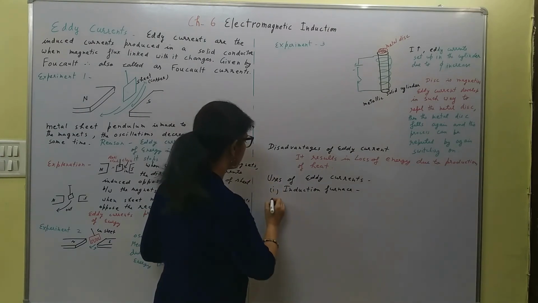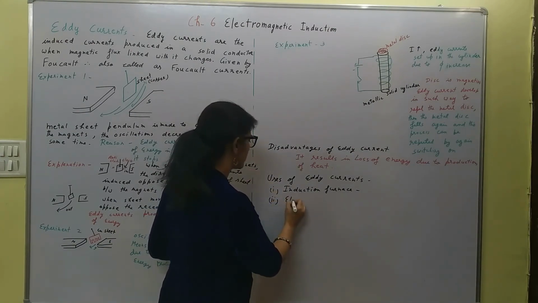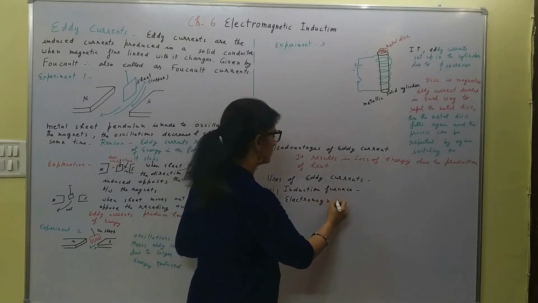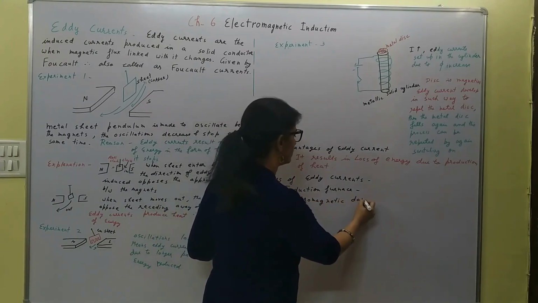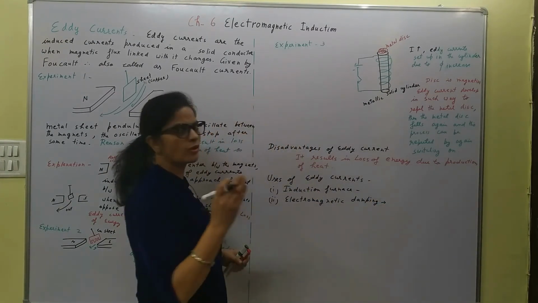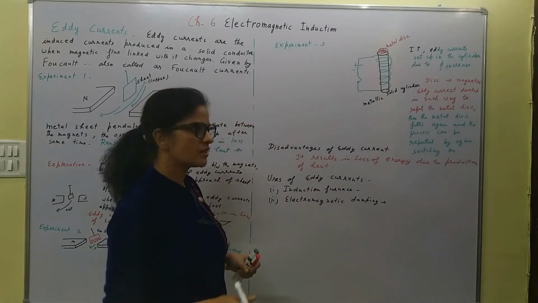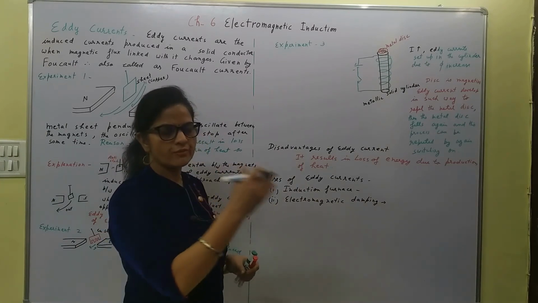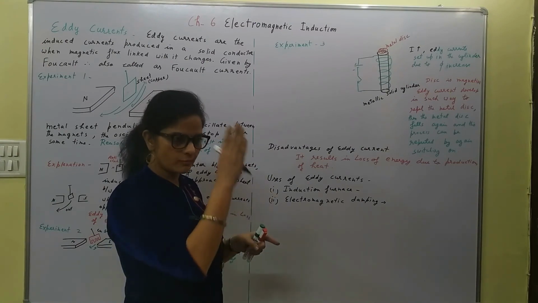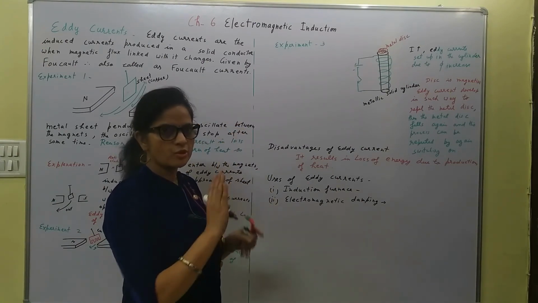Whenever we need high temperature for making alloys, that high temperature is provided by the eddy currents produced in the solid conductor. Second, electromagnetic damping. This is used whenever we want some moving object to stop faster. For example, in case of a deadbeat galvanometer, we want to take the readings once the moving motion stops.